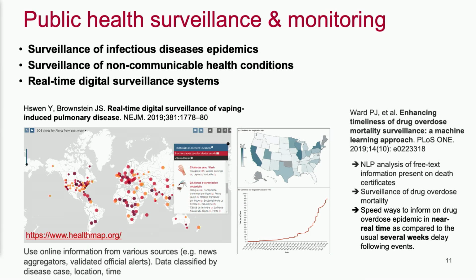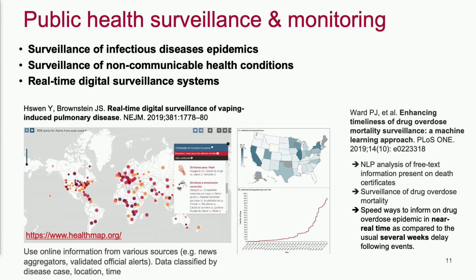The second is about using other types of data and analysis. So it's about drug overdose mortality surveillance. In this case, they used NLP analysis of free text information present on death certificates, which showed that it was very interesting for surveillance of drug overdose mortality.